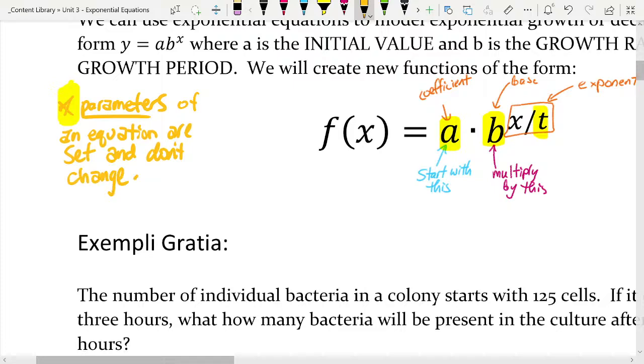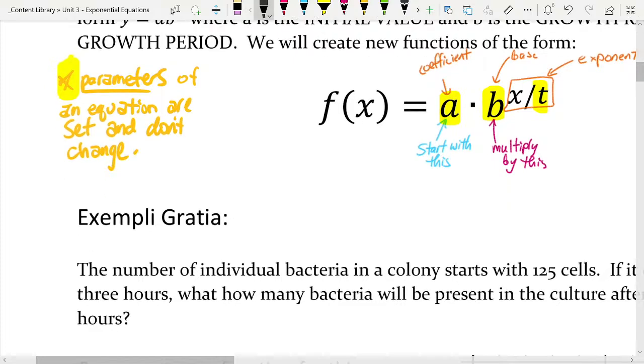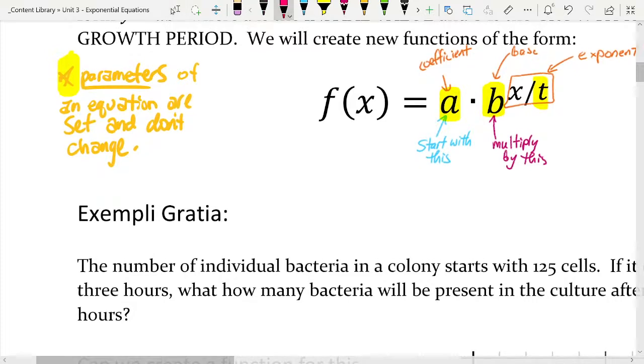In other words, in our bacterial example, does everyone remember that bacteria example? Which was 100 bacteria, double every day.